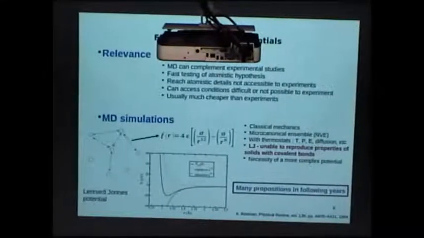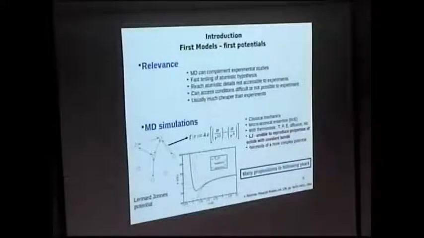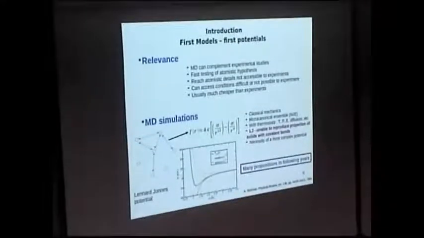But the Lennard-Jones potential was perceived as not good for solids or for describing covalently bonded systems. Then it was obvious that we needed a more complex potential to deal with this kind of system, and many propositions were made in the following years.